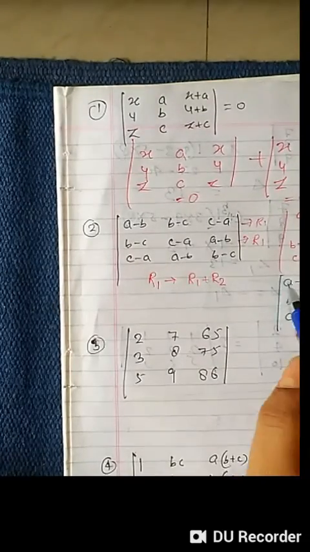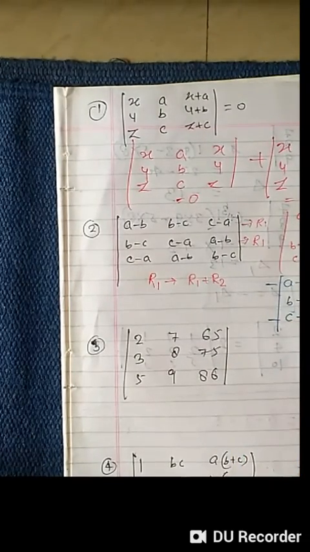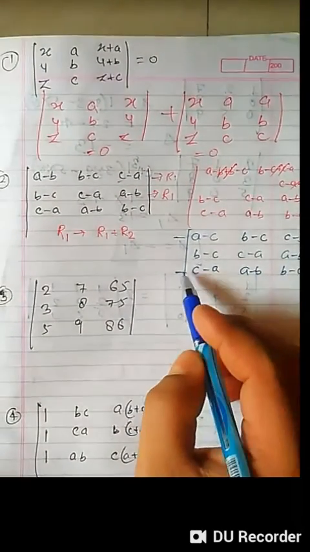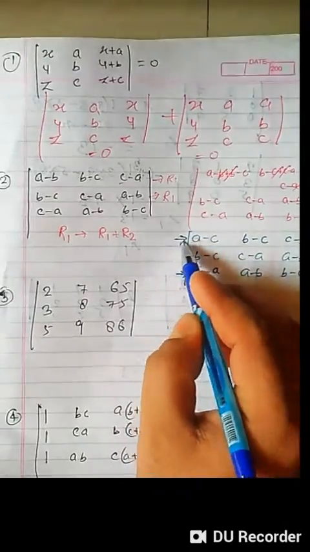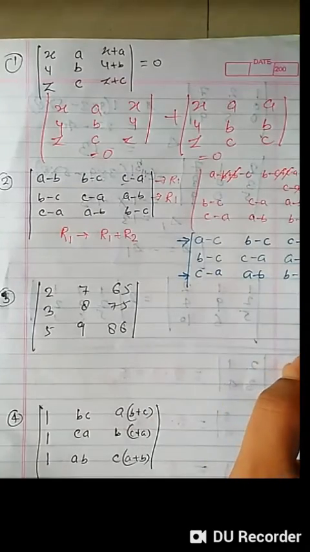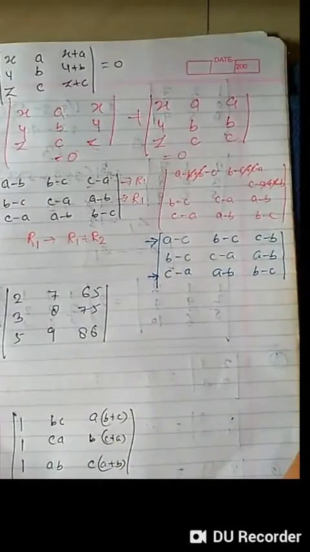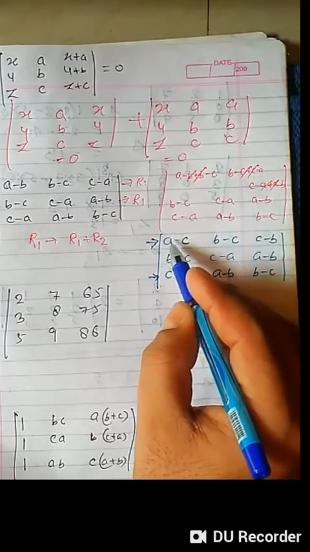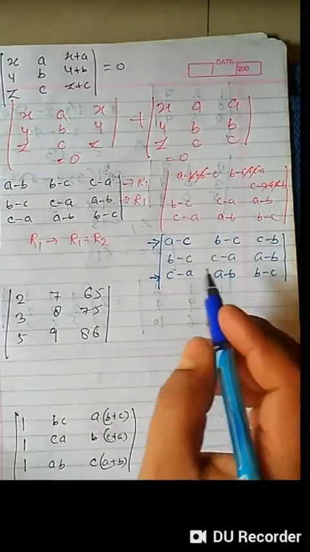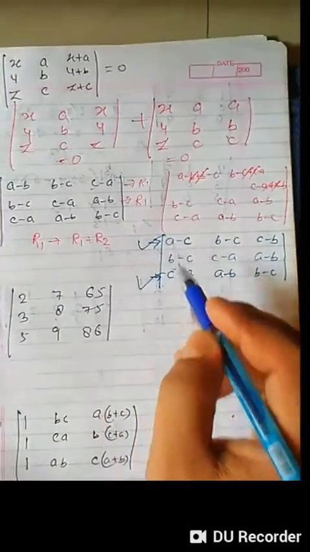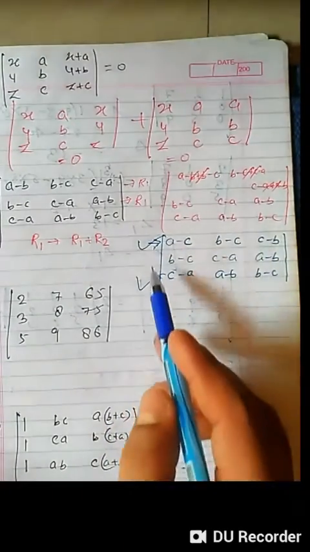The third row and first row seem to be the same. The only difference is a minus sign. If we take minus 1 common from row 3, then the values will become identical. So the value of this determinant will be 0.